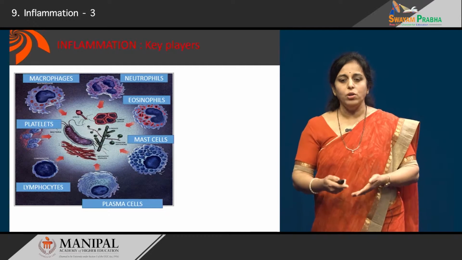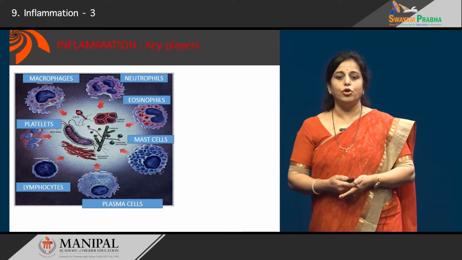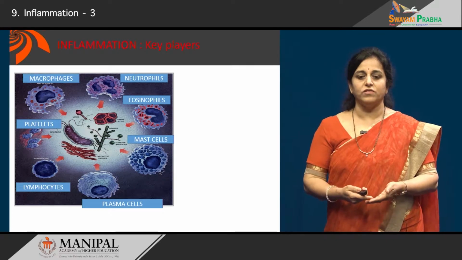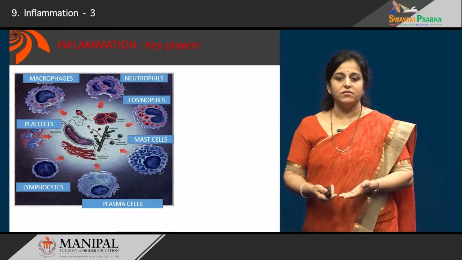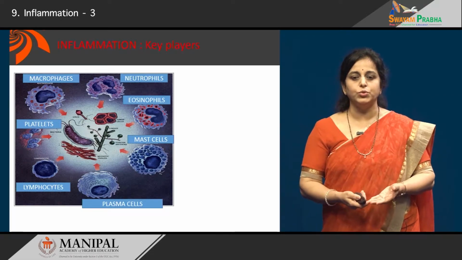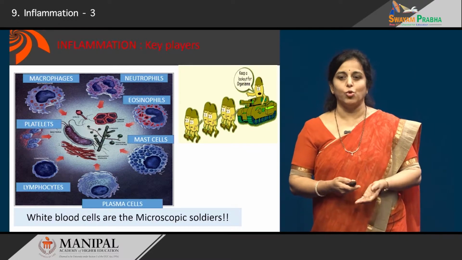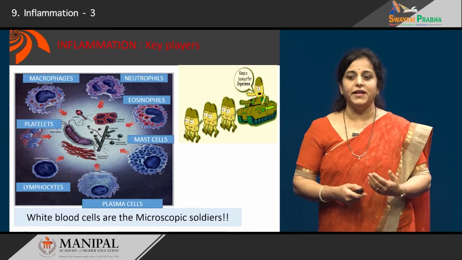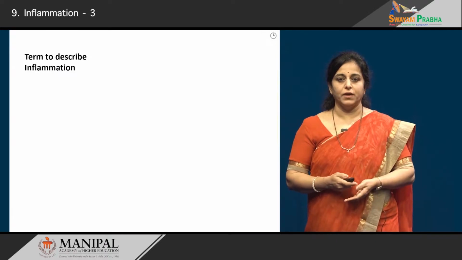You can see all the different kinds of WBCs that play a role in inflammation to fight against any injurious agent, as you can see here, bacteria, viruses, necrotic tissue, foreign body, etc. So, they are our microscopic soldiers. They are ready to fight against anything foreign that gains entry into our body.